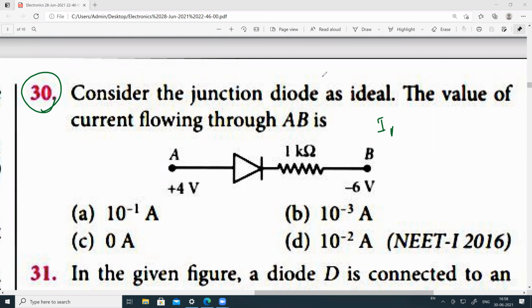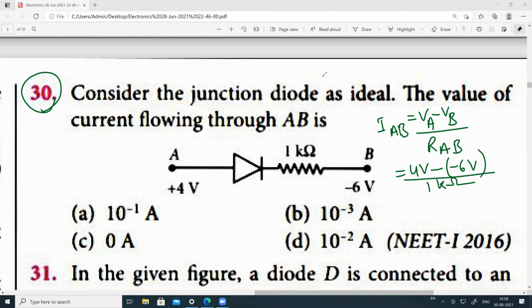Therefore, I_AB is equal to (V_A minus V_B) divided by R_AB. This is given by 4 volt minus (-6 volt) divided by 1 kilo ohm. If you simplify this, 10 divided by 1000 ampere, which is almost equal to 10 to the power of -2 ampere. Therefore, this one is the right answer.